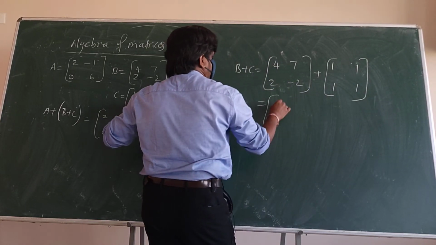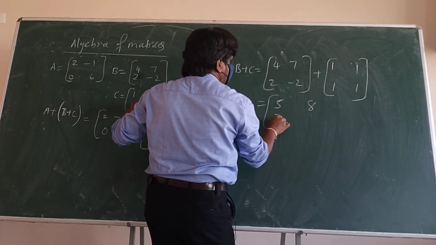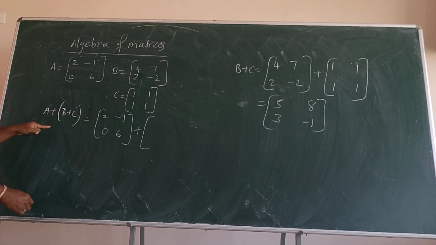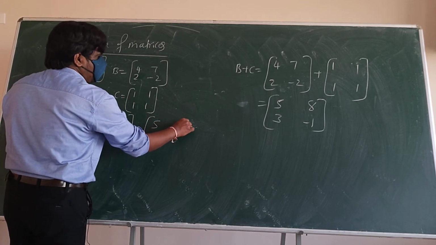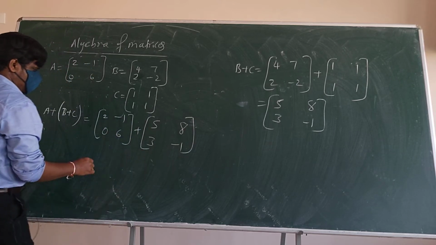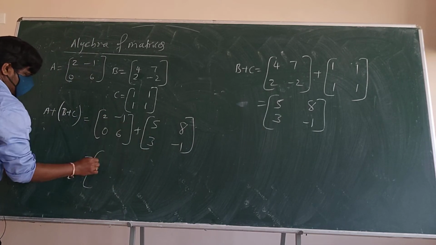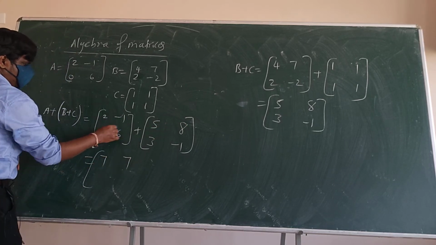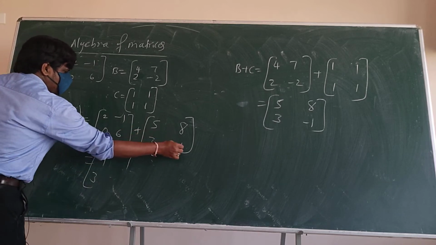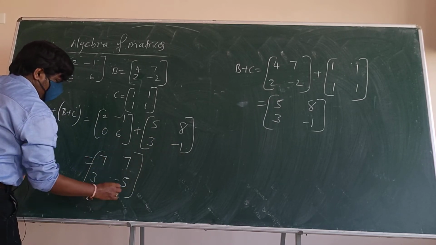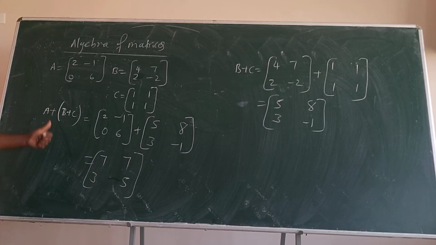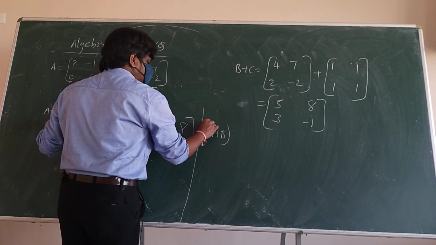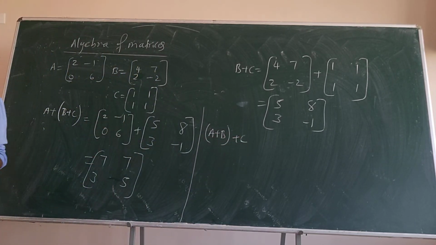If I add these, 5, 8, 3, minus 1. Substituting here, 2 plus 5, 7, minus 1 plus 8, 7, 0 plus 3, 3, 6 plus minus 1, 5. This value will be equal to A plus B plus C, these both will be equal.